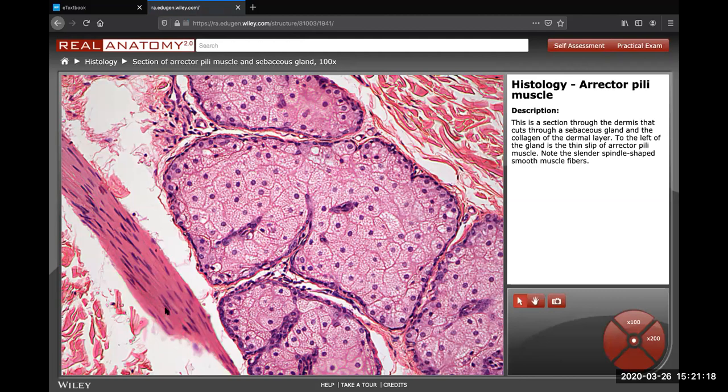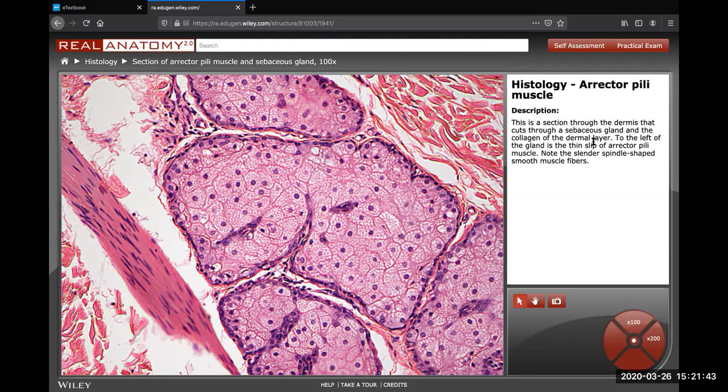This looks very much like smooth muscle here, right? They're long and skinny cells, each one with a nucleus. And then this is going to be that sebaceous gland. So we've got our secretory cells all in here, and I'm assuming the superficial area, where the duct is, is going to be up here.